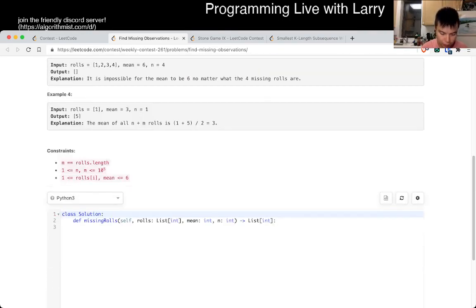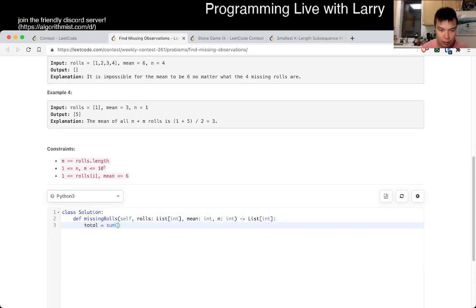The mean is given, so the total is mean times m plus n.